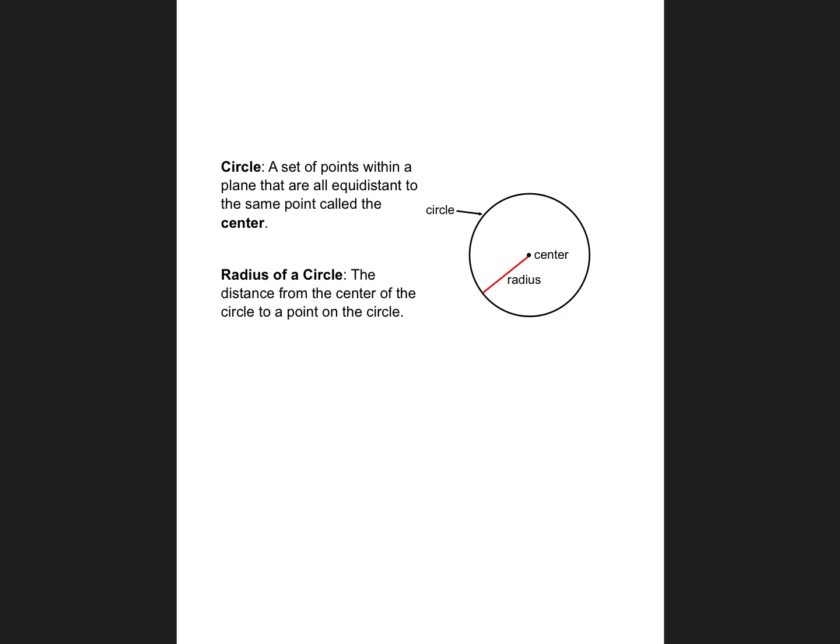Remember, the distance from the center is what we call the radius of the circle. And twice the length of the radius, or 2 radii put together, would be the diameter of the circle. That's the general terminology we use with circles, but now let's talk about the actual equation.